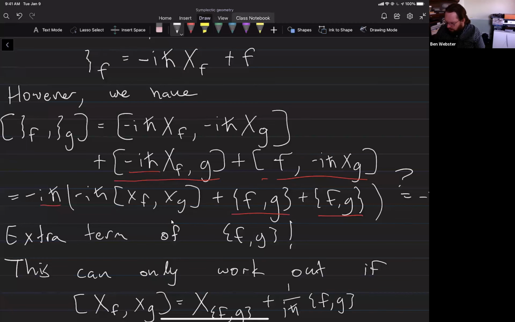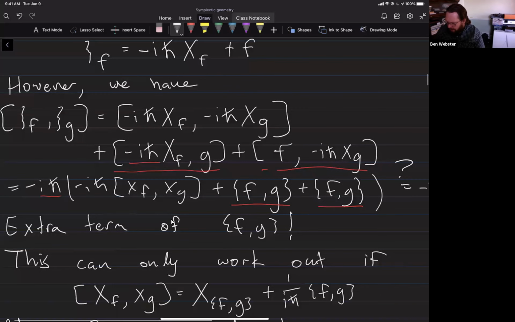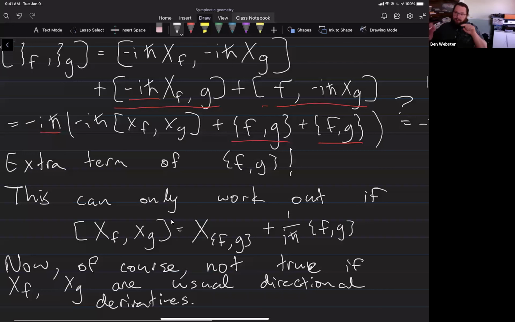So I would only get this working out if, instead of the commutator of the Hamiltonian vector field of f with the Hamiltonian vector field of g being the Hamiltonian vector field of the Poisson bracket, there were a correction term. And that correction term has to have the form 1 over i h bar times the Poisson bracket of f and g.